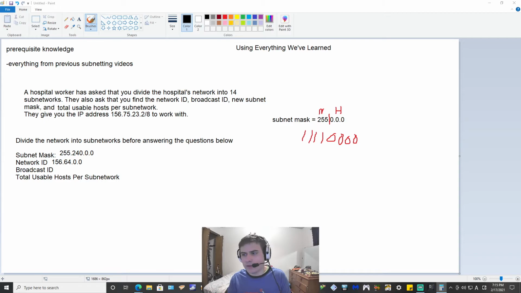So when you find your network ID, you take 2 to the power of however many host bits are in the binary of the subnet mask in your host octet, which is this one right here. We have 4 host bits here, these 4 zeros. If we take 2 to the power of 4, we get 16.